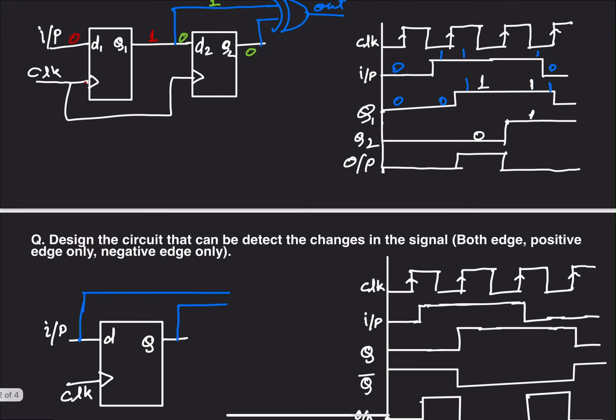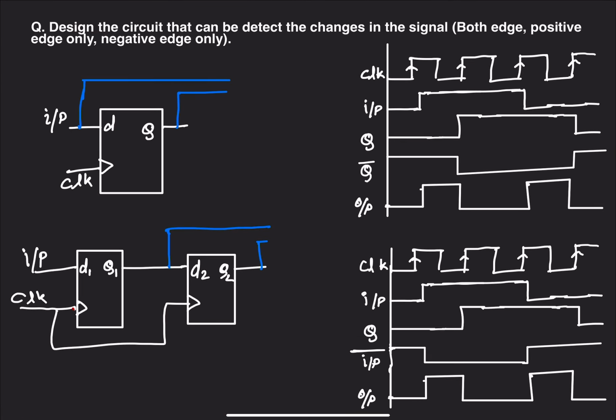So moving forward, we see the detection of positive edge and negative edge. First we will see the positive edge detection. So this is our graph, and this is the output when we have to check for both edges, but now we have to check only for the positive edge and ignore the negative edges.